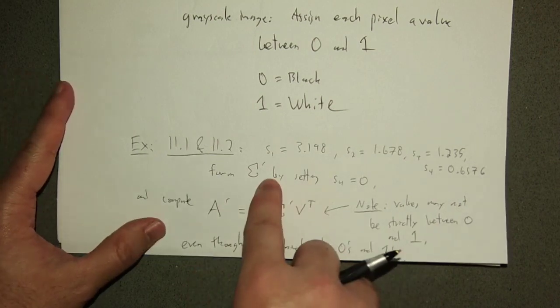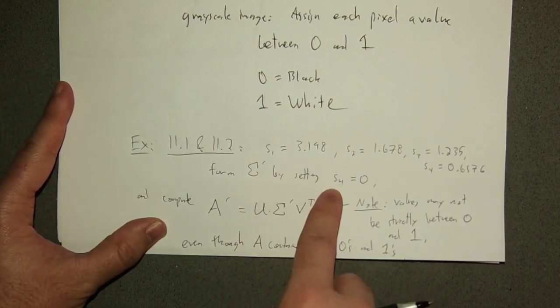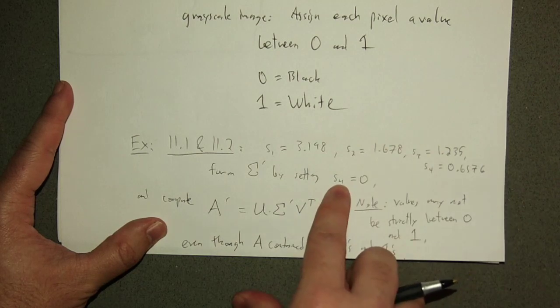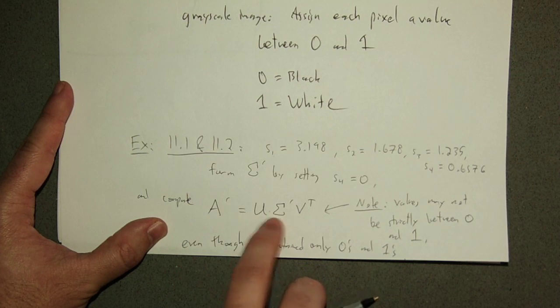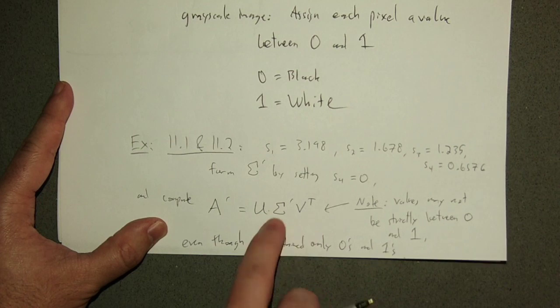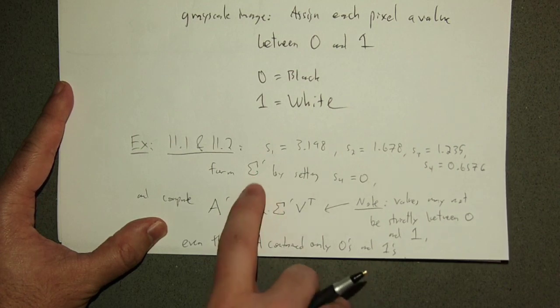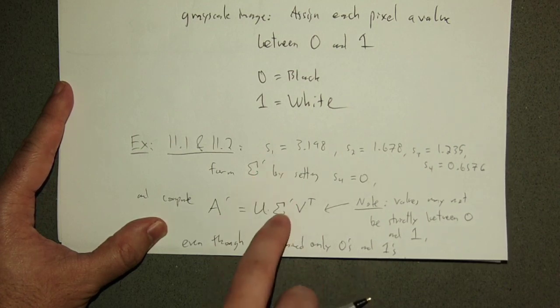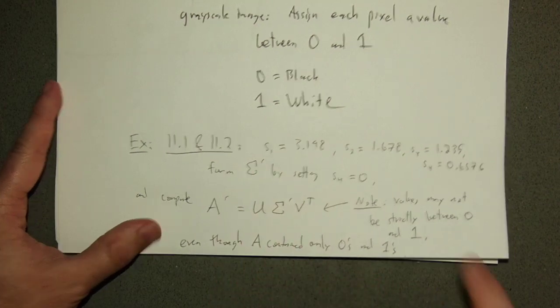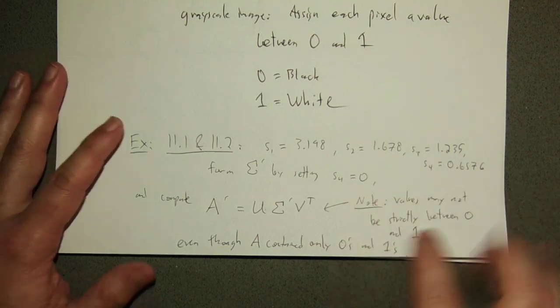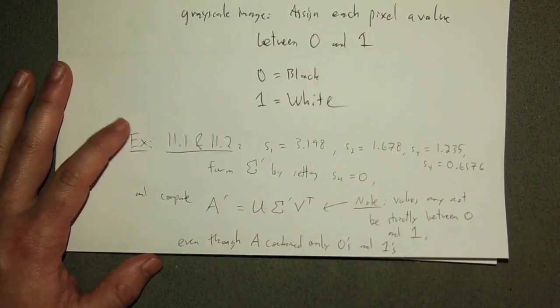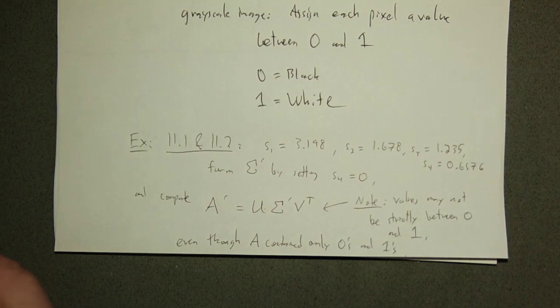When you toss out, say, if you set one or more of these singular values to be 0 and compute this A prime by computing this singular value decomposition product, except you've replaced your singular value matrix sigma with this sigma prime by setting whatever singular values you've chosen to be equal to 0. When you compute this thing, you're just not always going to get a matrix that has values between 0 and 1. So the question is what to do if that happens.